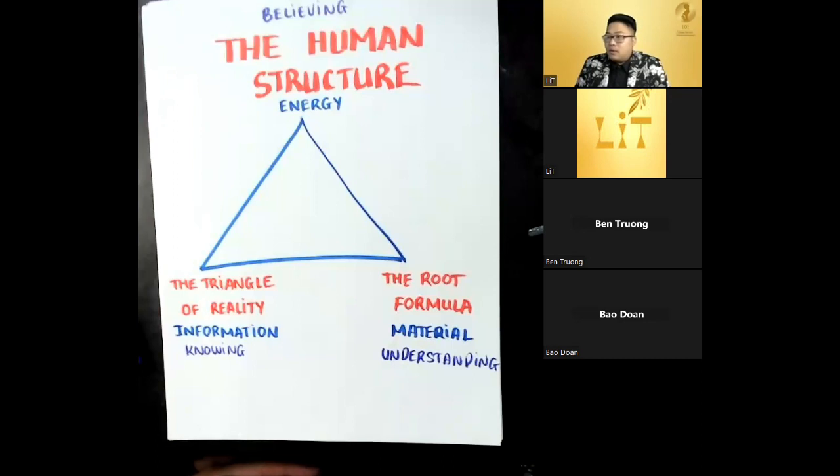Because the human structure is not only helping us understand ourselves on a very deep level, it helps us understand others. It helps us understand society, the way that it functions, and most importantly, it helps us appreciate all of it, being grateful for the energy, for the people that are around us.